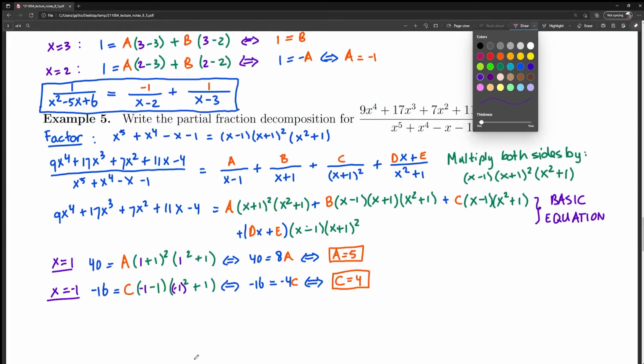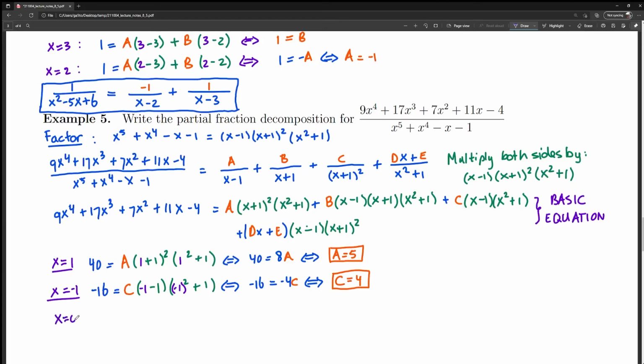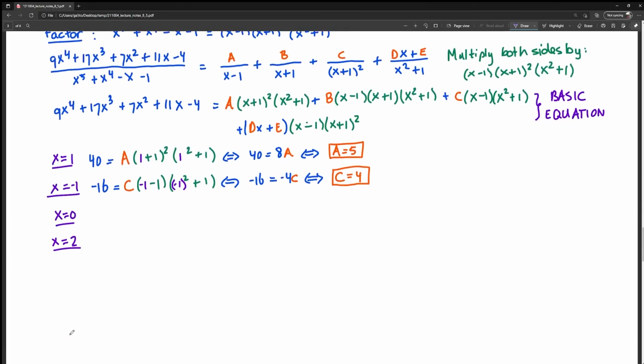At this point, we're kind of out of the really smart values that cancel out several coefficients at the same time, but a good value to pick is still x equals 0. And then since there are 5 coefficients, we need 2 more values for x, and that is pretty random.